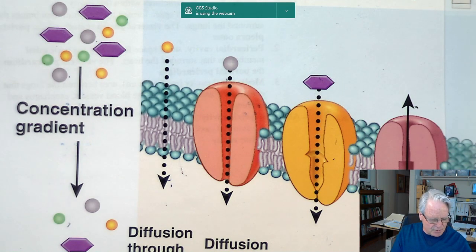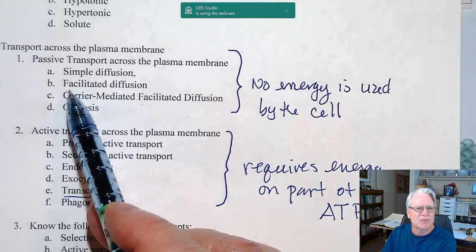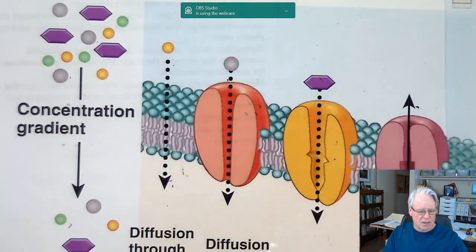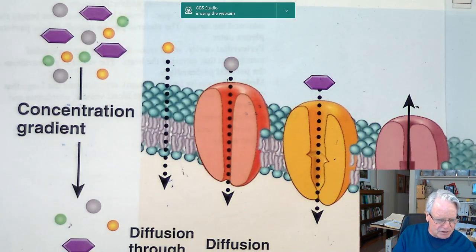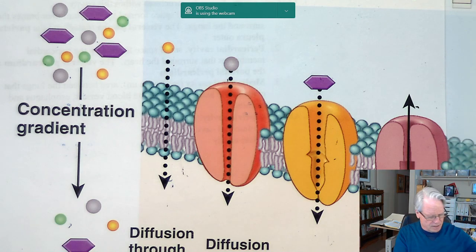What about some of these other processes? Facilitated diffusion, for example. What is involved there? Here we're talking about the same concept, except we're going to use a protein to move something across the membrane.